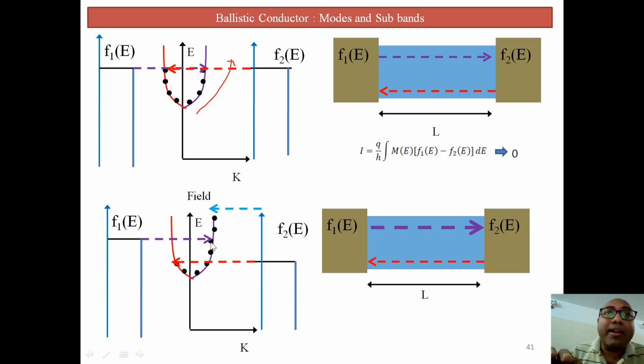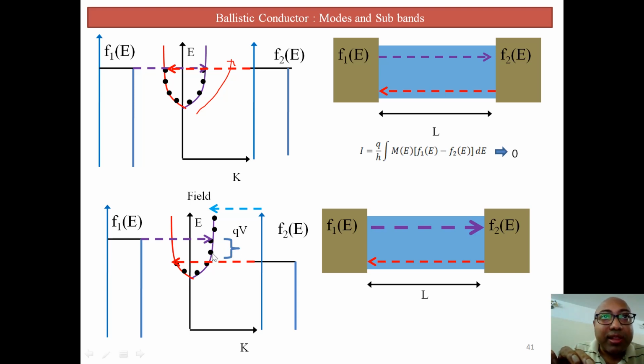That means you have a current because of these 3 electrons, whatever exists in this window. And what is the magnitude of this window? QV, because of whatever amount of voltage you have applied, the field across the voltage.